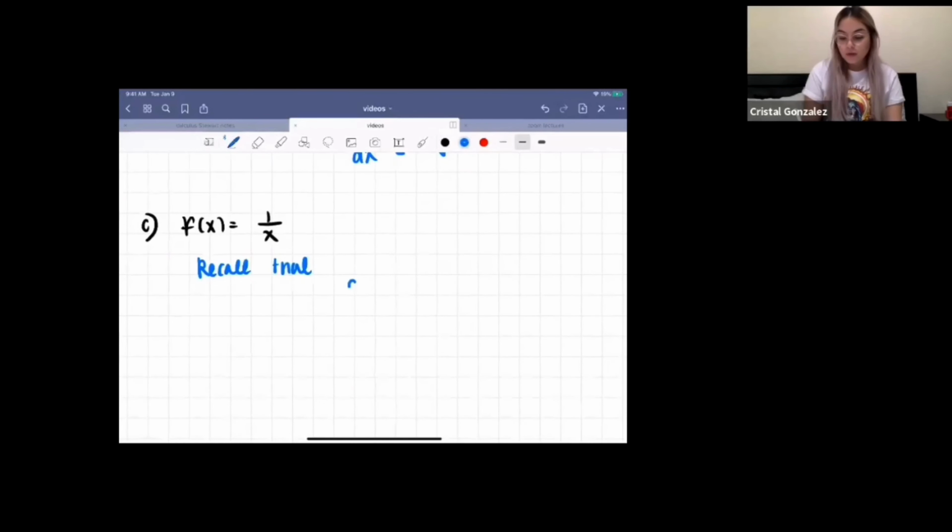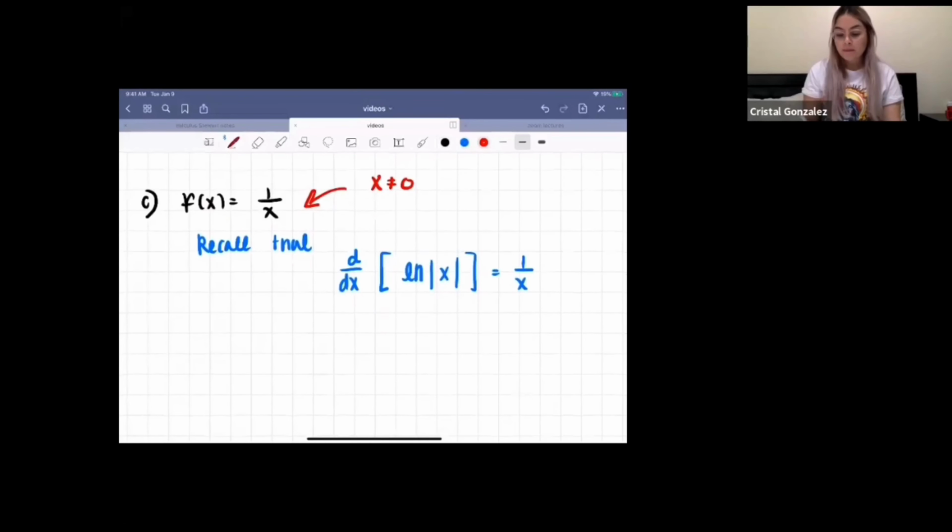The derivative, and hopefully this is what you thought of, of the ln of the absolute value of x is equal to 1 over x. Because what we know of this function here, f of x, is that x cannot equal 0 at all for any reason, because it's undefined. But if we're looking at this function by itself, we can't exclude the negative values, right?